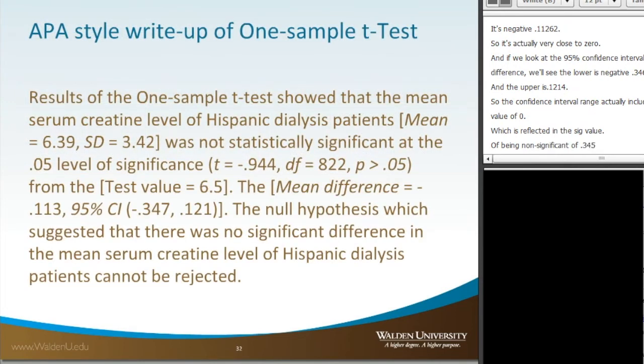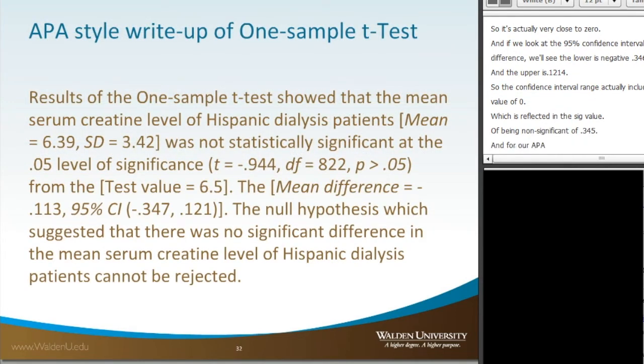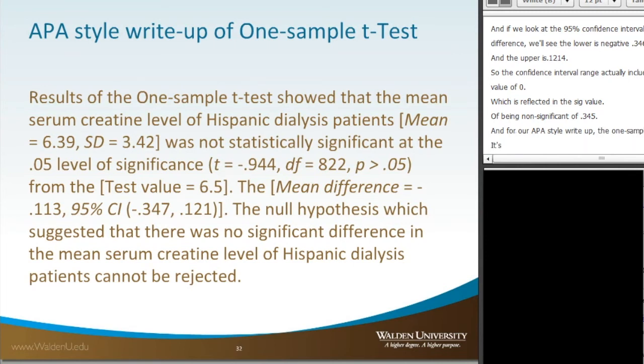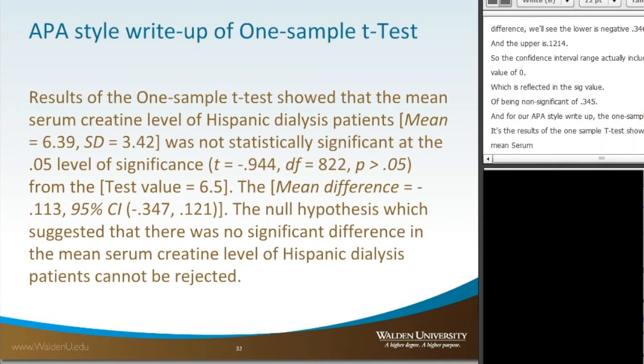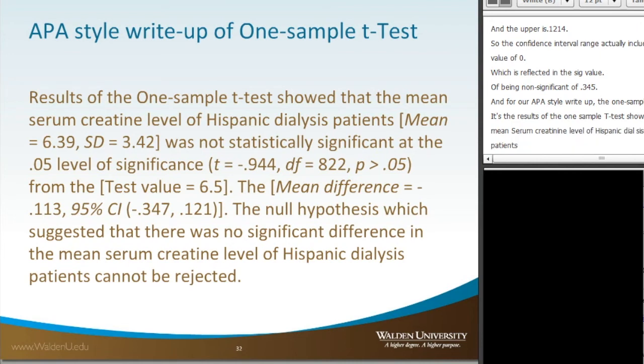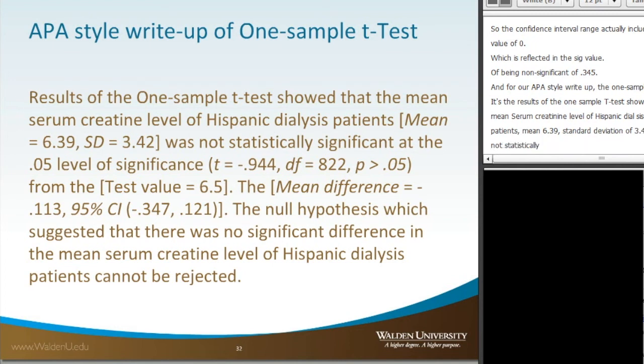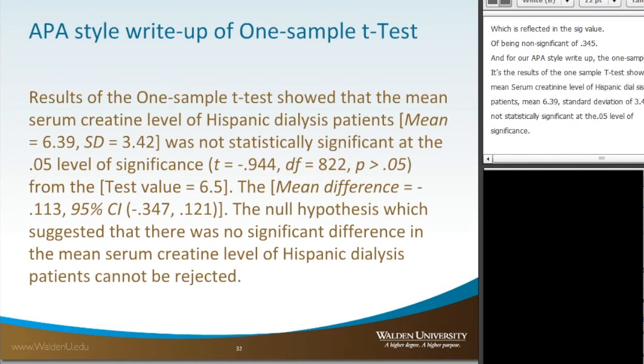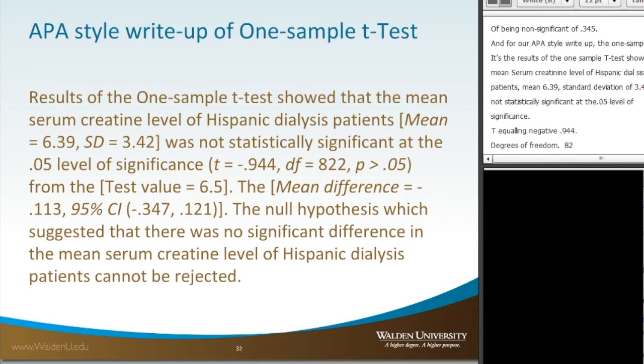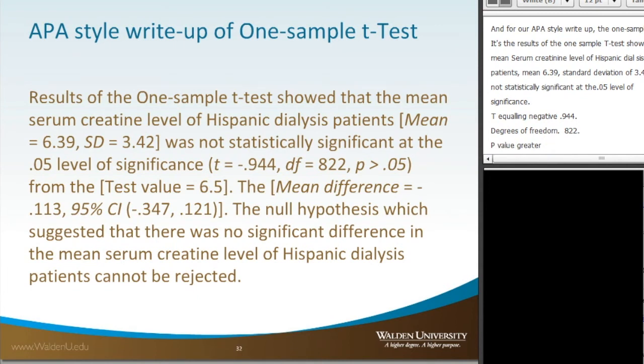And for our APA style write-up of the one-sample t-test: the results of the one-sample t-test show that the mean serum creatinine level of Hispanic dialysis patients, mean equaling 6.39 with standard deviation of 3.42, was not statistically significant at the 0.05 level of significance, t equaling negative 0.944, degrees of freedom 822, with the p-value greater than 0.05, from the test value equaling 6.5.